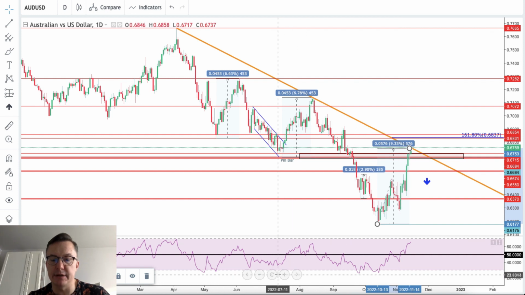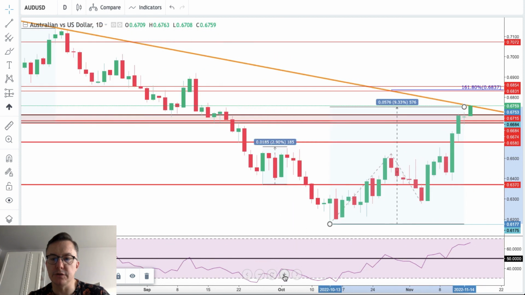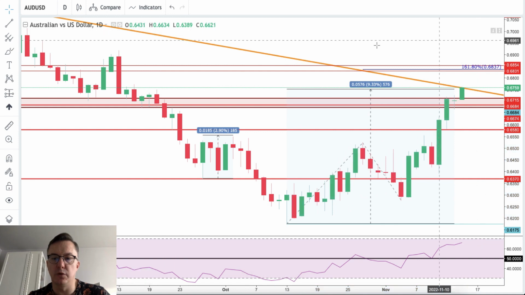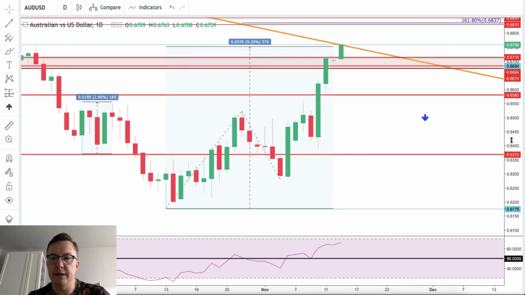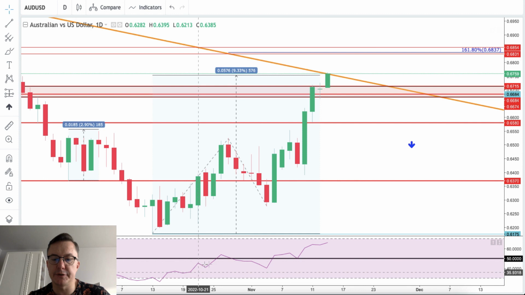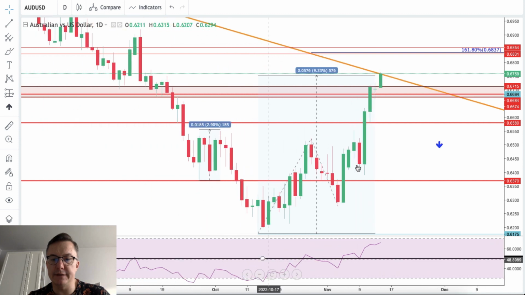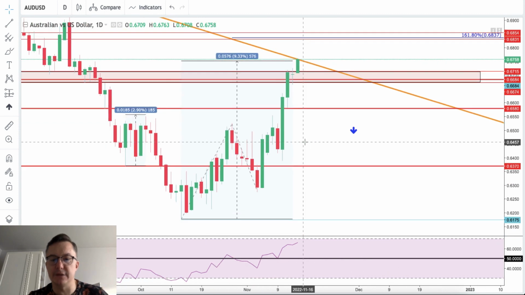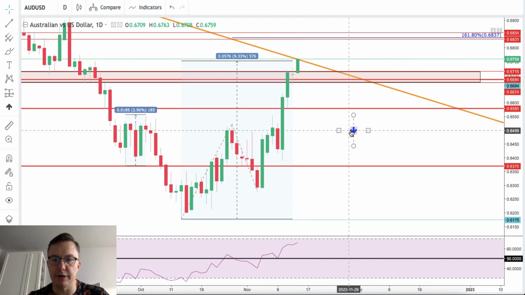Let me just zoom in a little bit to the recent rally, and what do we see here? As you can see very easily on this chart, the rally is in 3 legs, so that's not quite good.